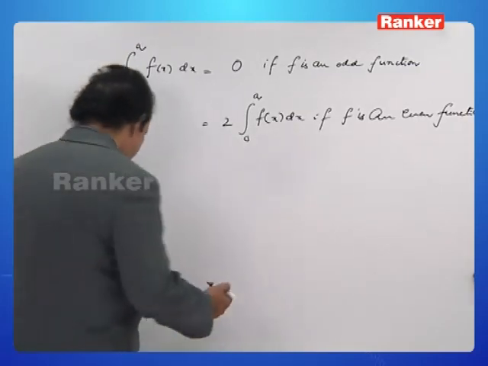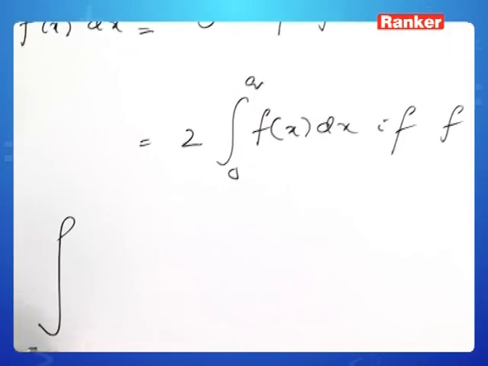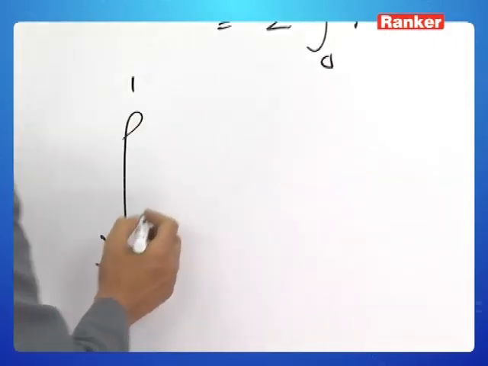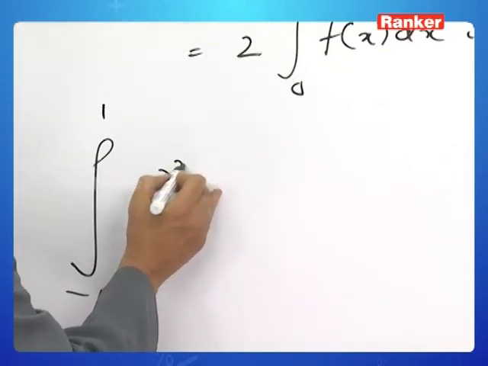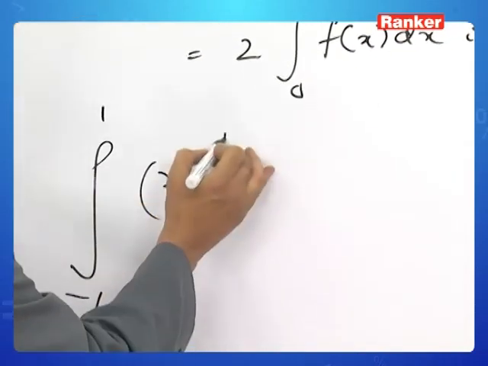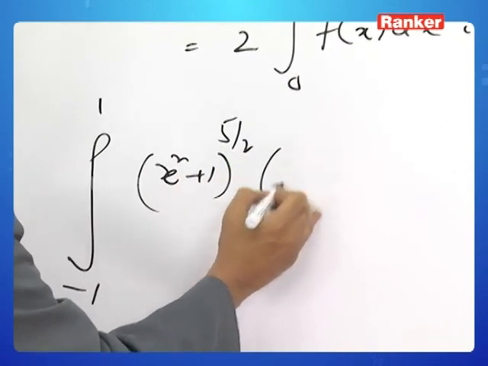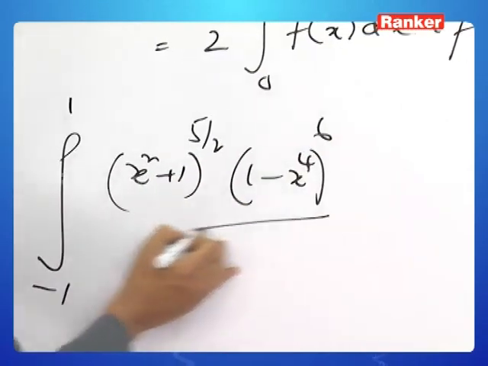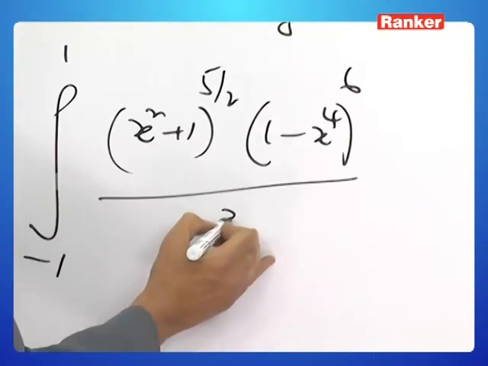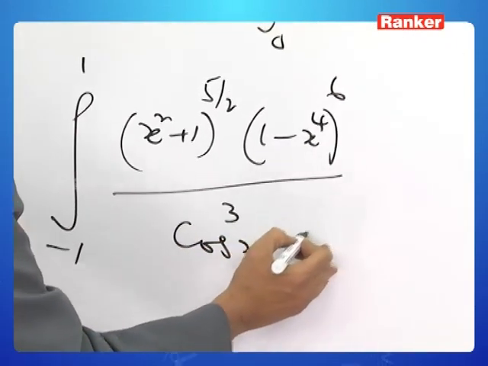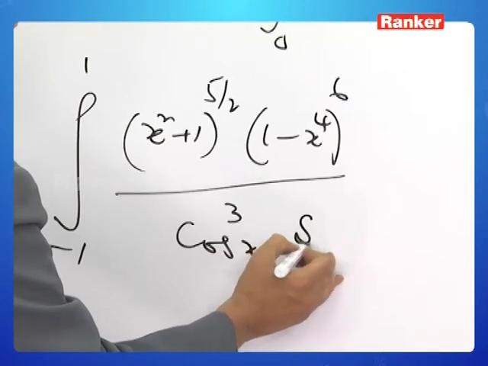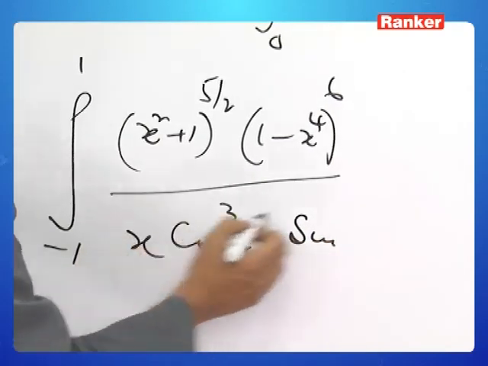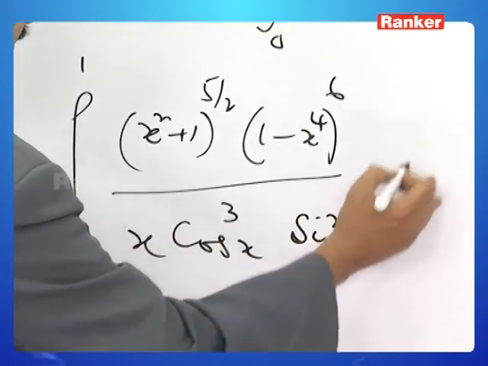As an example, consider this one. Integral minus 1 to 1 of (x square plus 1) whole to the power of 5 by 2 into (1 minus x) to the power of 6 by cos cube x into x cos cube x into sin square x dx.